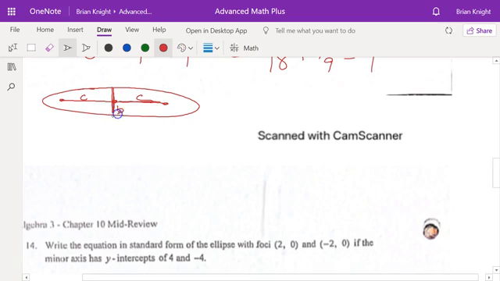That's your B. And then your major axis is the whole thing over here. That's your A. So understand, A is the entire thing here. C is just to the focus point. So whenever they give us the focus points, the center is always the midpoint of them. And then it tells me the minor axis has y-intercepts here and here, well, that's telling me that's B. And then you use B and C to get A.